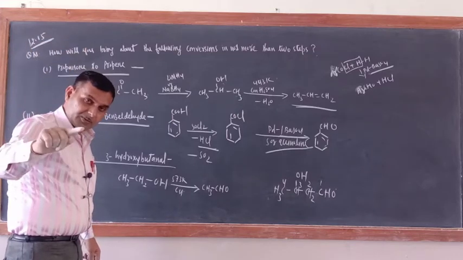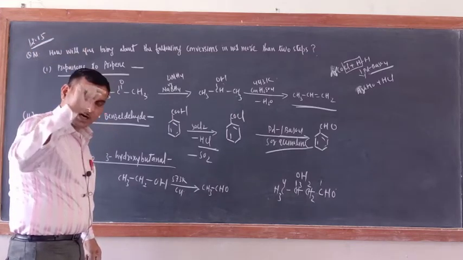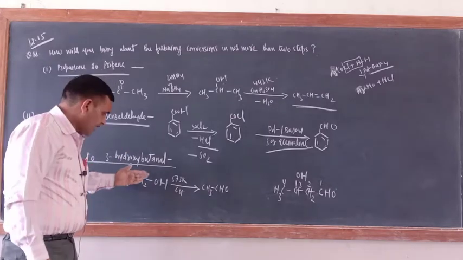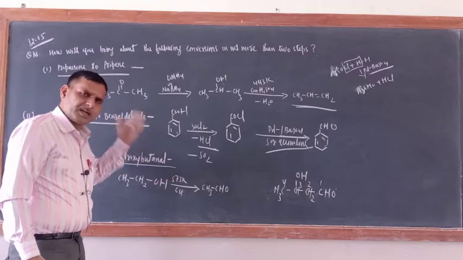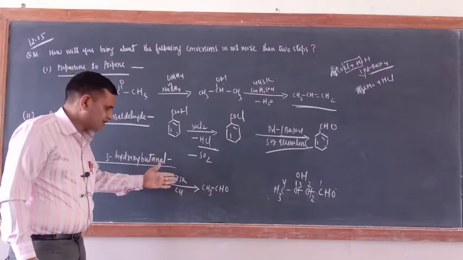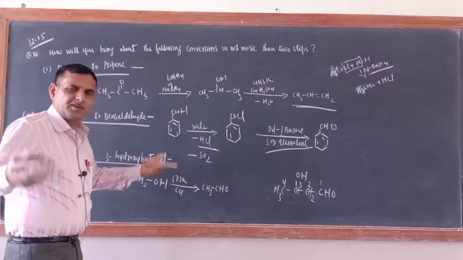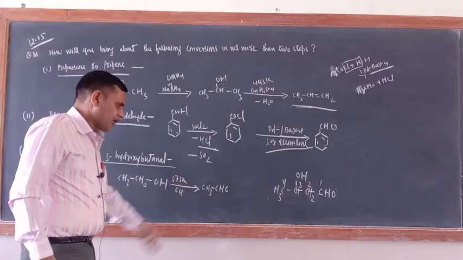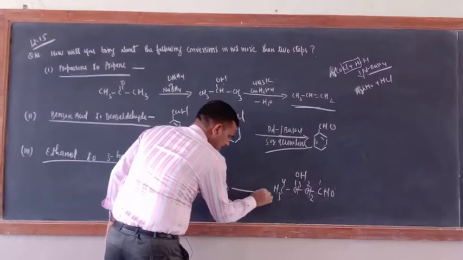Carboxylic acid reduced back to aldehydes and ketones. Aldehydes and ketones reduced back to alcohol. So here oxidize this one. There are so many reagents which can oxidize this one into this one. But you have got very easy copper powder and this one 573. So you have got this one. Now take its two molecules.